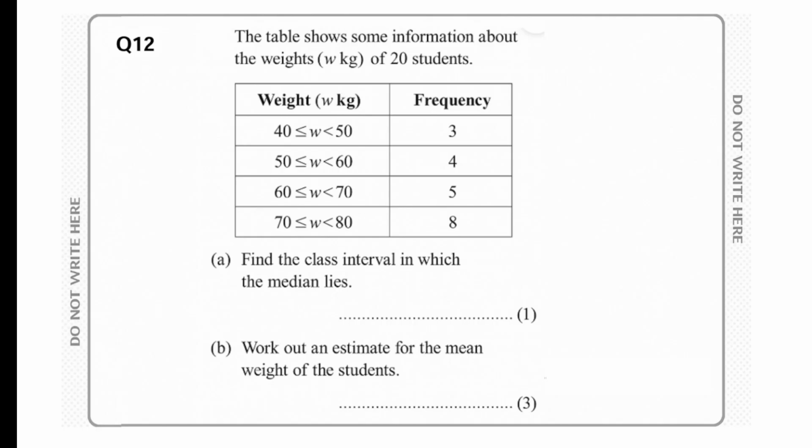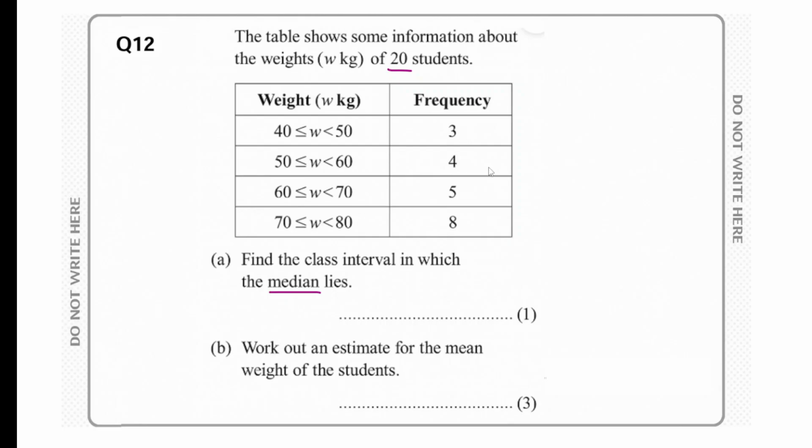The table shows some information about the weights, W kilograms, of 20 students. So the sum of the frequencies must be 20. Find the class interval in which the median lies. So you've got 20 students. The first 3 students are here. The next 4 students are here.